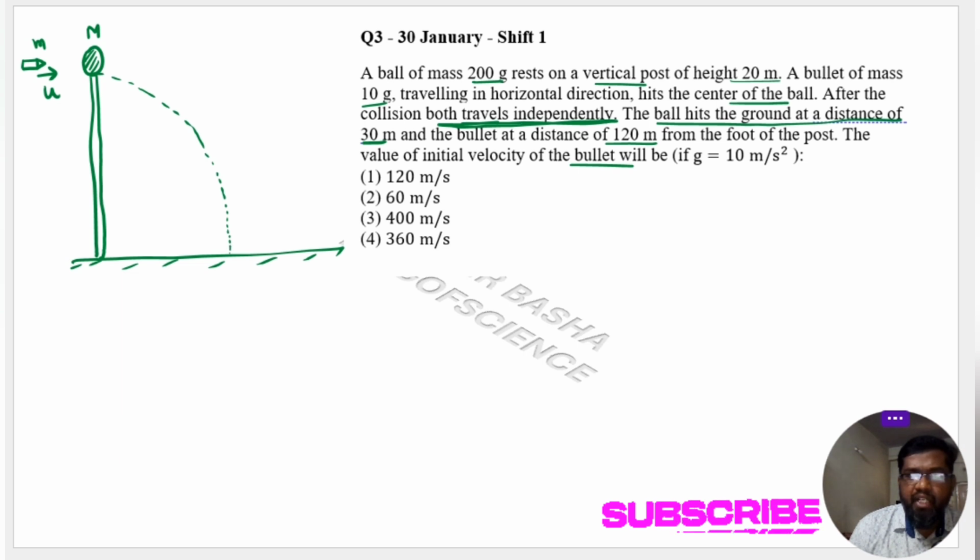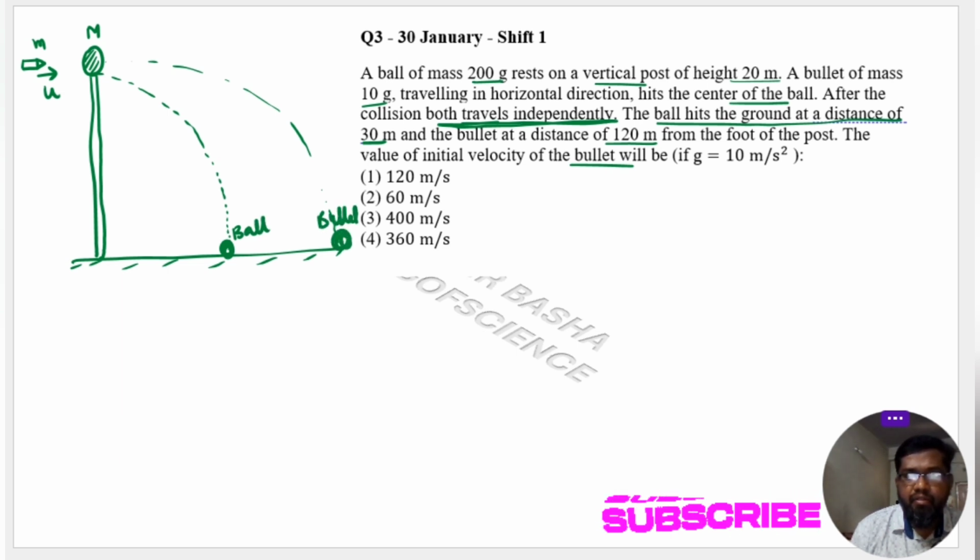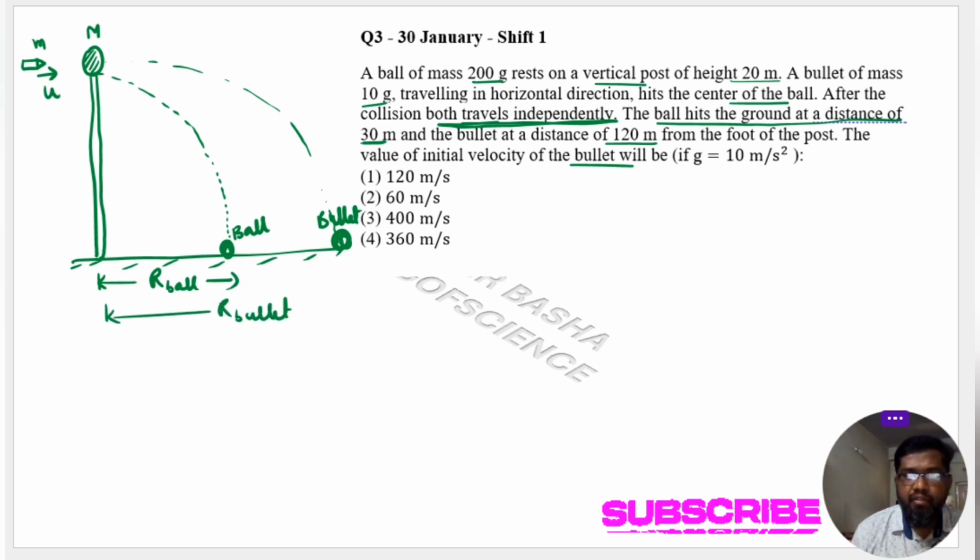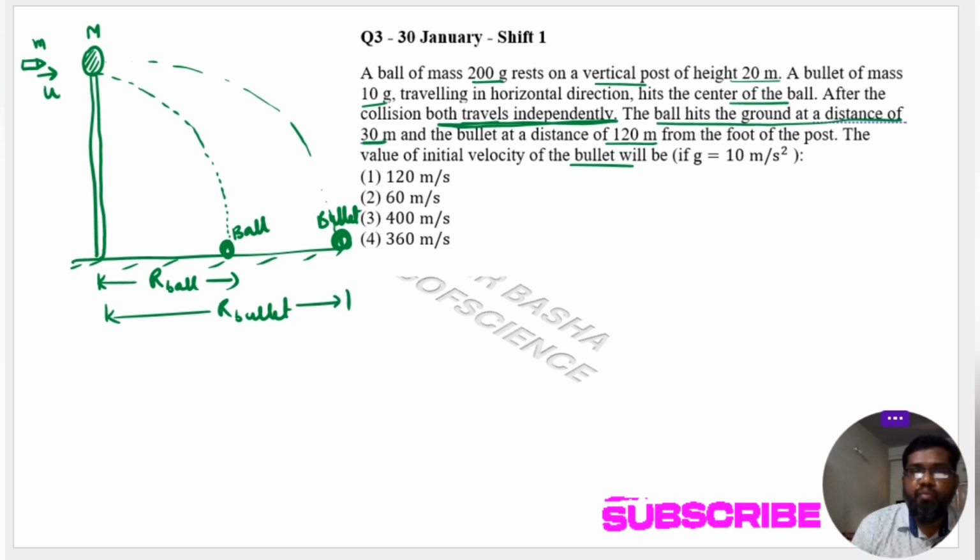The ball hits the ground at a distance of 30 meters, and the bullet will hit somewhere here. So this is the ball and this is the bullet. This is the range for the ball, and this is the range for the bullet. They have given these in the problem. So what will happen after the collision?